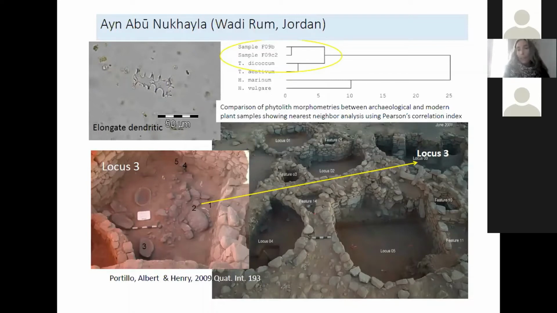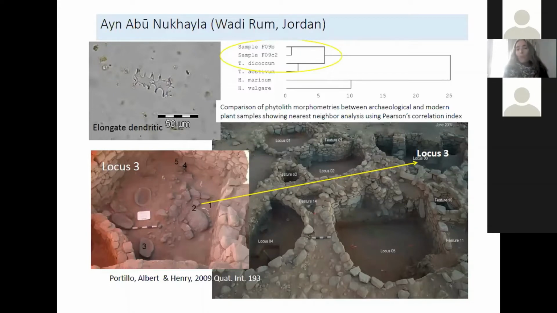So there's a nice example of how to apply these microfossil studies. Also in integration, as I said, with the starches. The starches were also corroded, indicating the processing on these in situ grinding stones.